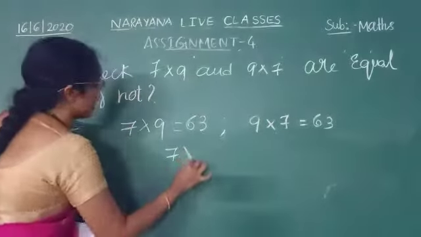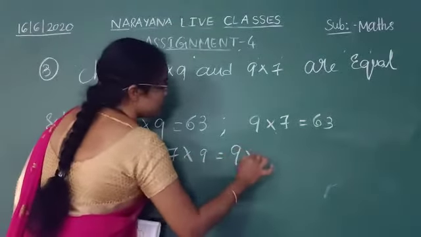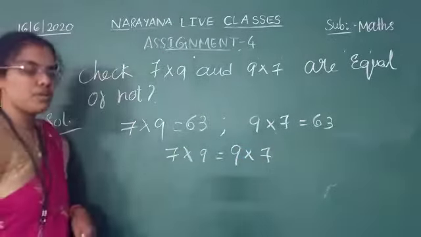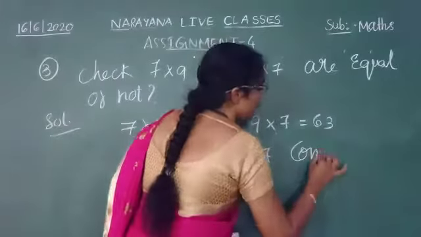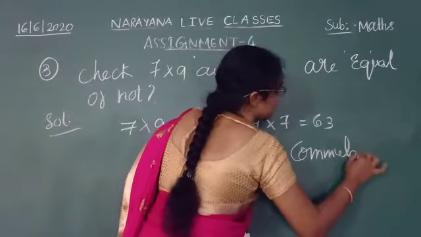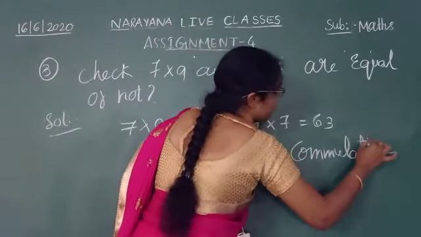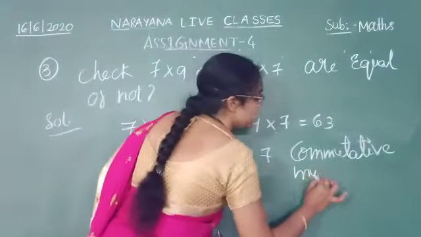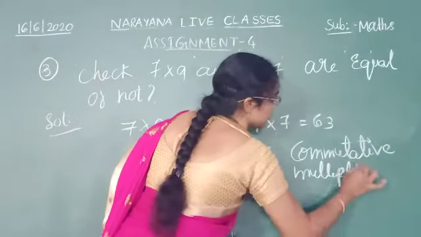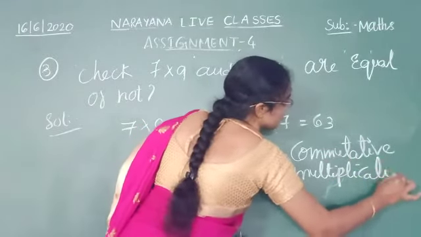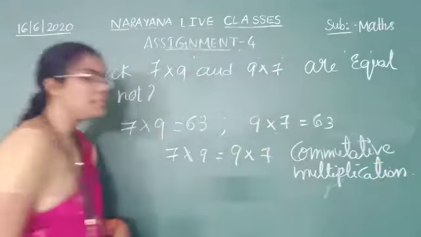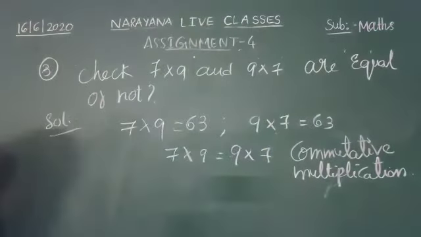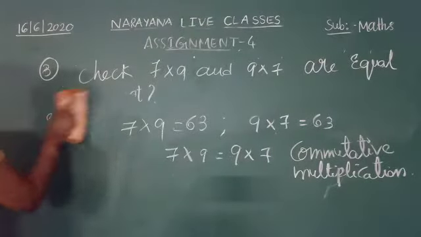So 7 into 9 is equal to 9 into 7. This is also the commutative property under multiplication. So this is the third one.